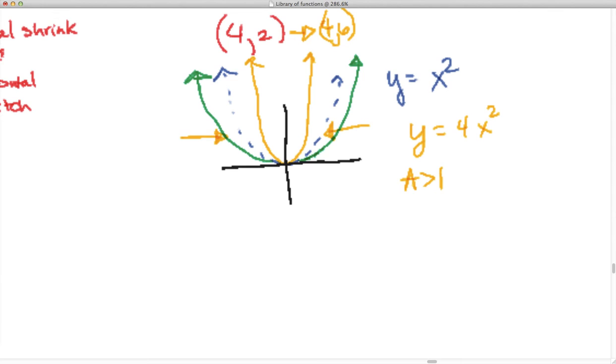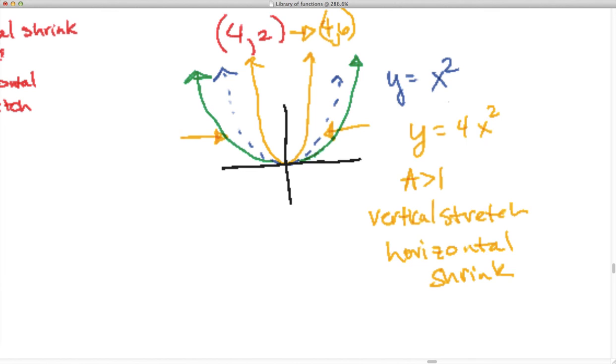Okay, so I forgot to write it down here. It was a vertical stretch and horizontal shrink, and this is in our scenario of a being greater than 1.